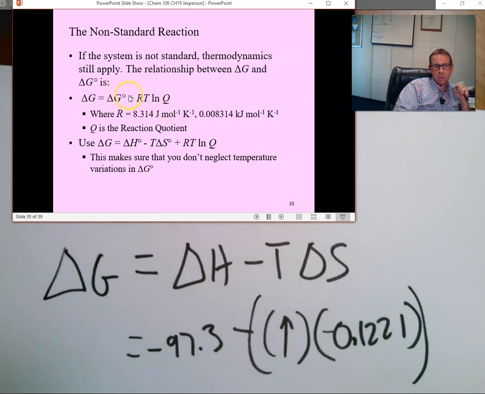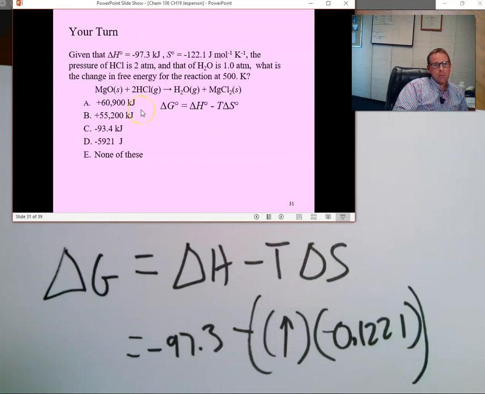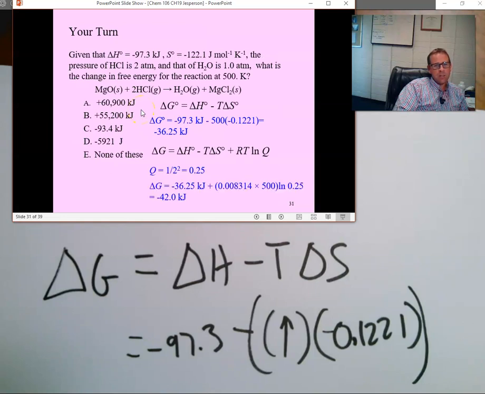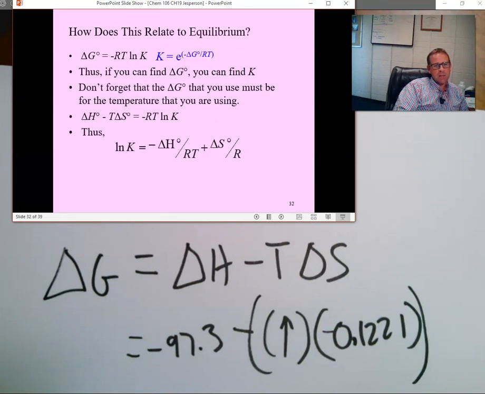So the naught there means room temperature, and it means at constant concentrations of 1 molar for aqueous solutions. Now we're not going to do any of these because there's other fish we want to fry, and this is one of those fish.